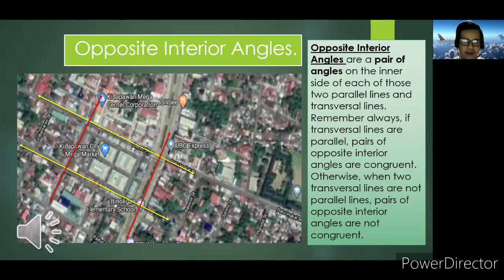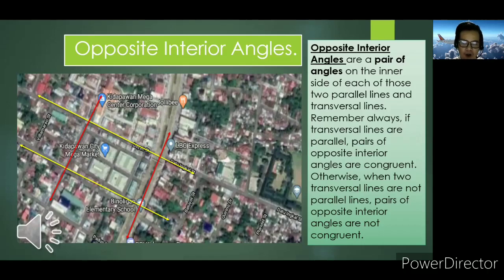Remember always, if the transversal lines are parallel, pairs of opposite interior angles are congruent. Otherwise, when two transversal lines are not parallel, pairs of opposite interior angles are not congruent. So in this case, the transversal lines colored in red are parallel to each other.